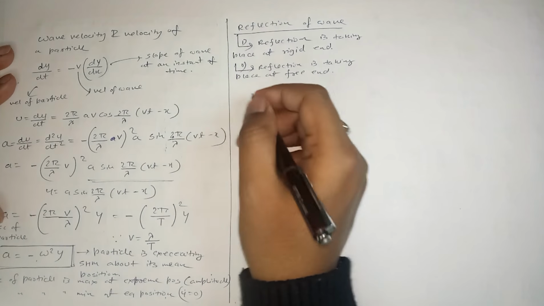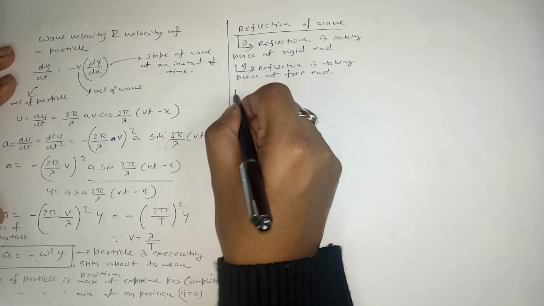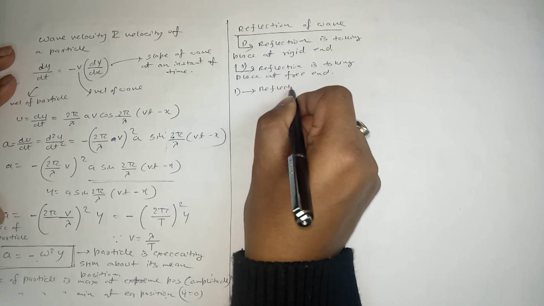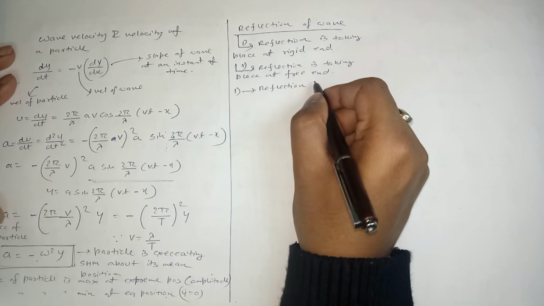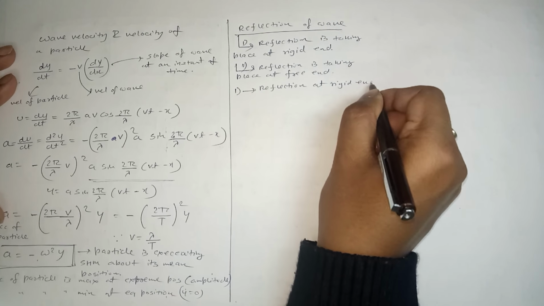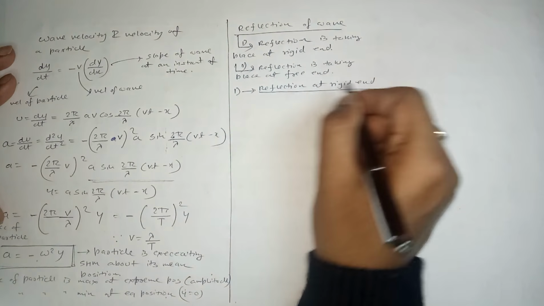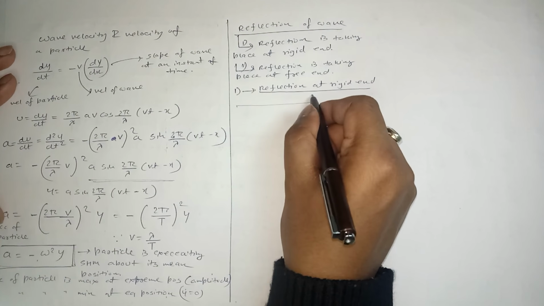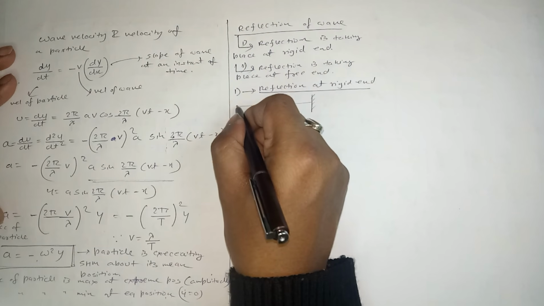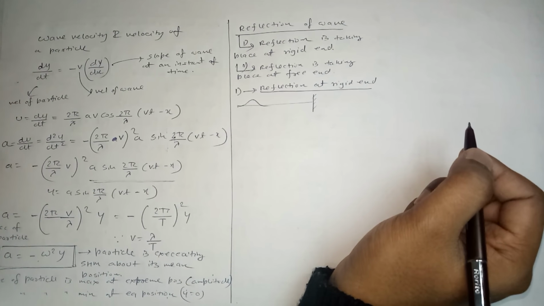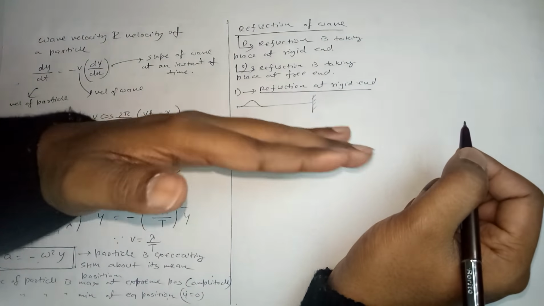So the first point, reflection at rigid end. Suppose that there is a string and that string is attached to a wall, and in this string there is a wave pulse which is moving. Imagine how this wave pulse will be moving.